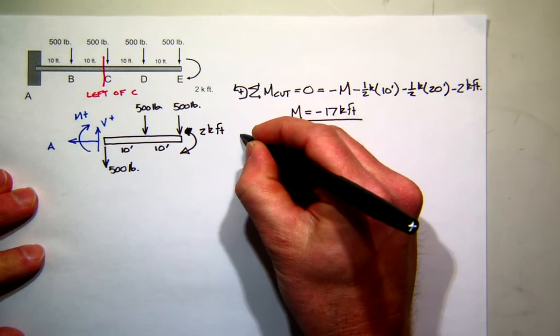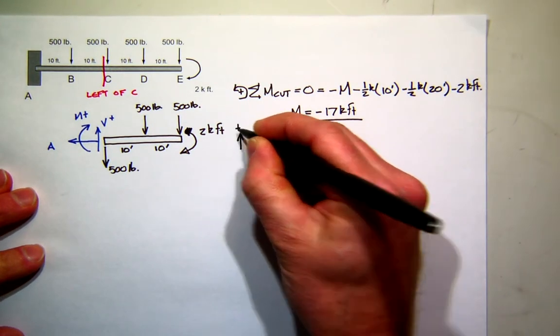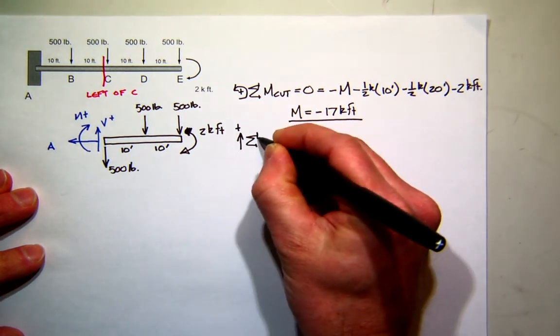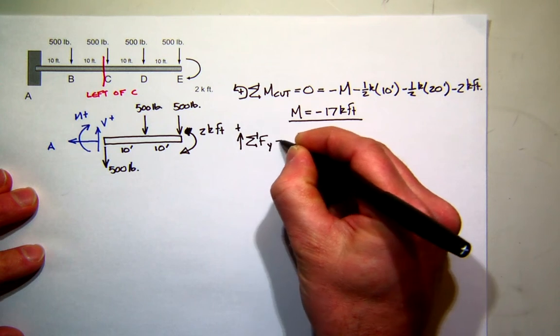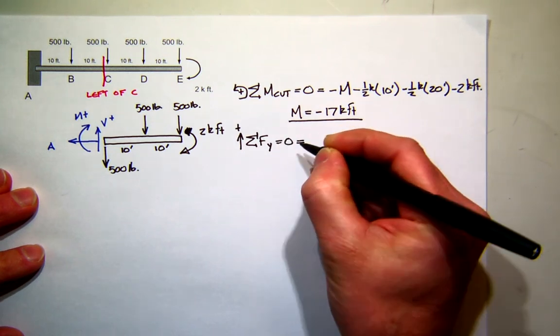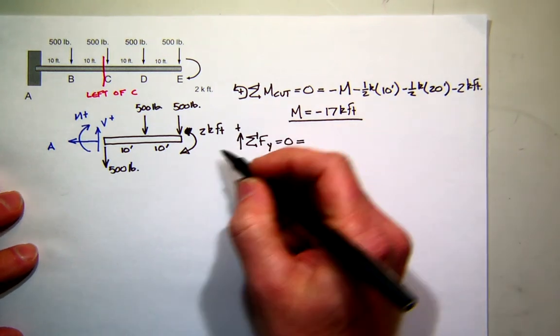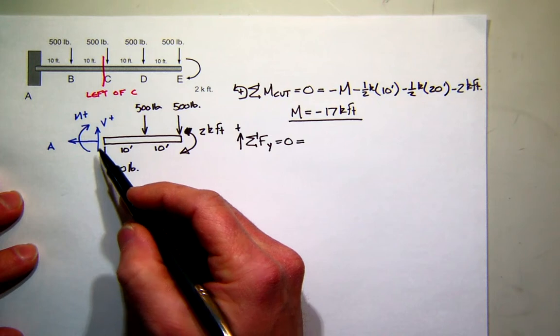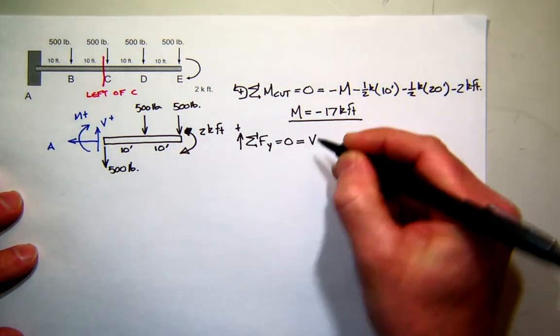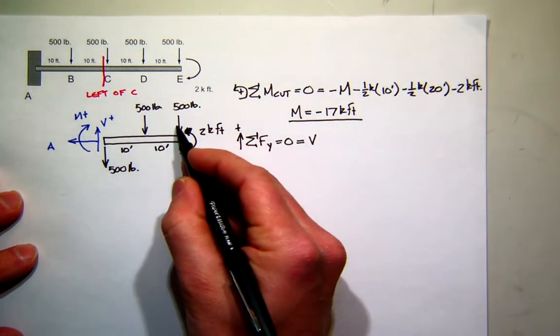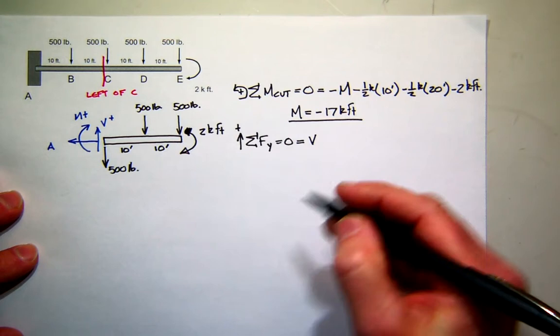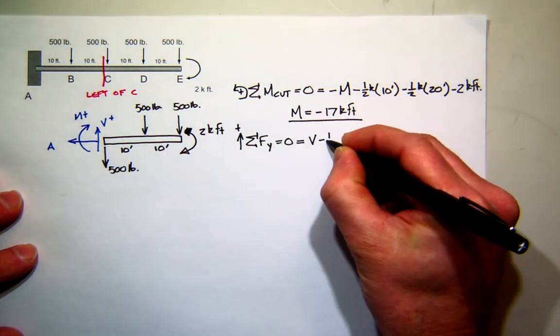So now I'm going to zoom up for my sign convention, and we're going to try to get the shear force by summing forces in the y direction. Now, since I'm assuming my forces are up positive, this shear force is also up. Then I've got 1, 2, 3 500-pound forces acting down, right?